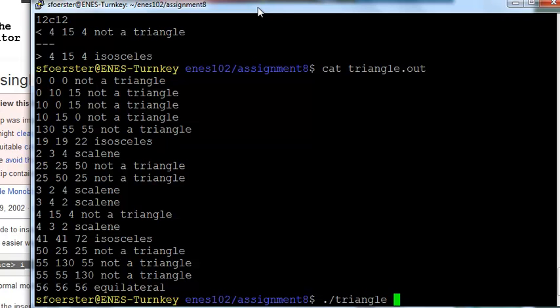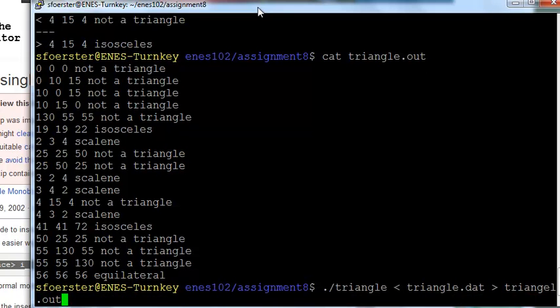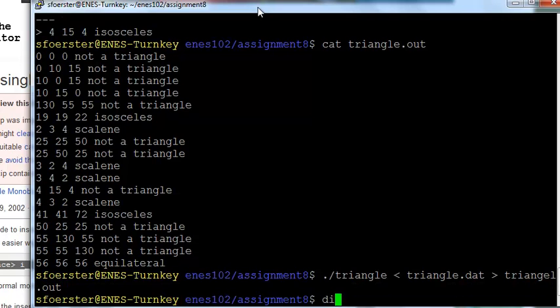Triangle, I've got it compiled and it's working. Feed into it triangle.dat, and then the output's going to be my triangle.out. I gotta spell things right. Okay, now I'm going to diff triangle.out.